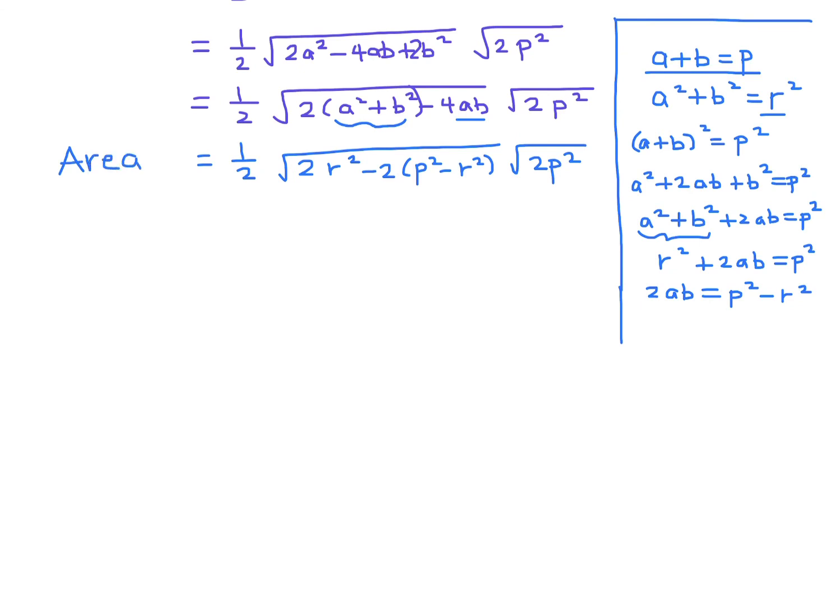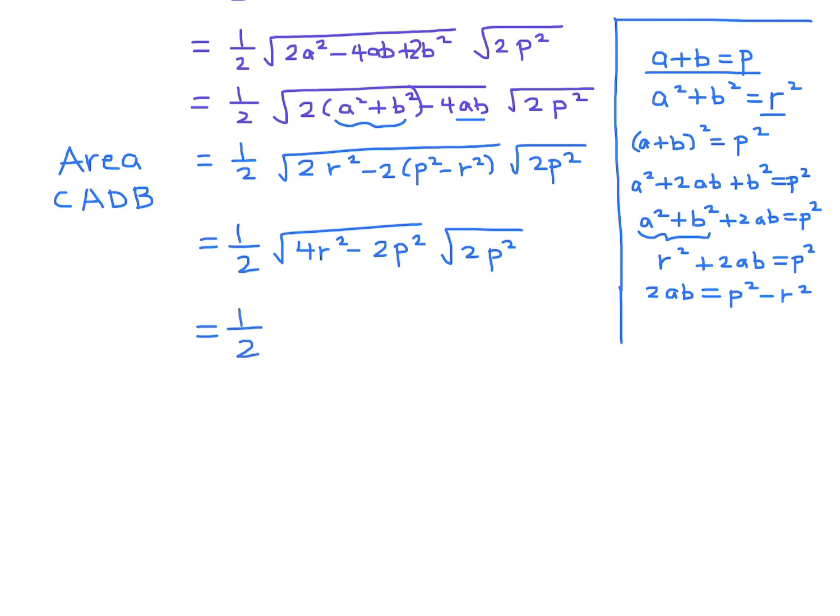Area of CADB, and this is what we're trying to maximize. So our next step is to do a little bit of simplification here. 1/2, this is going to be 4R squared minus 2P squared, like that. And then we can probably get rid of a few things in here. In this one here, we can probably factor out a 2 at least.